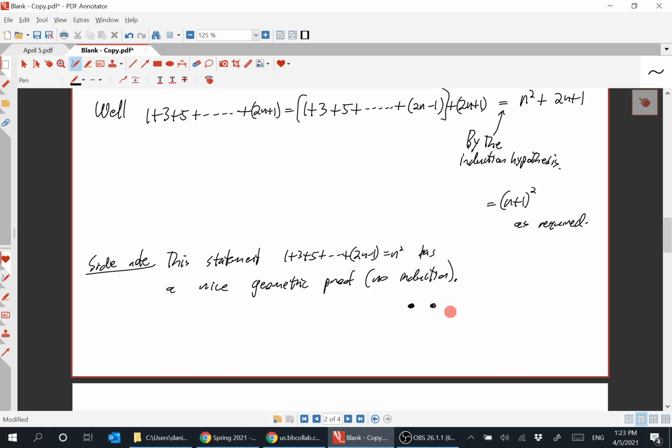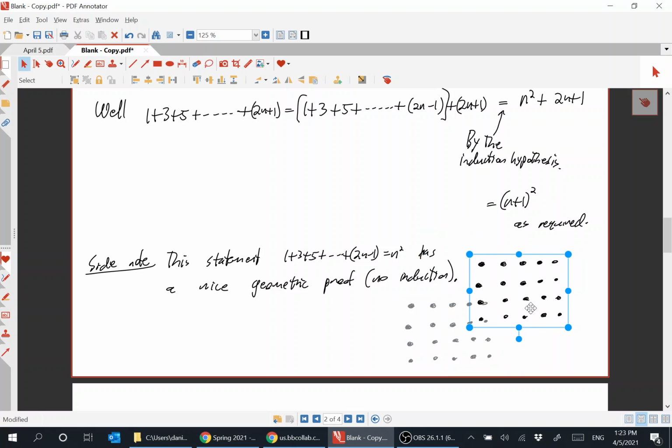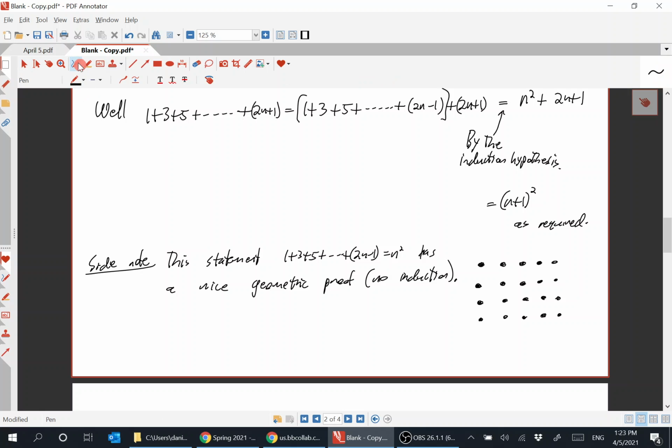If you want to say n squared, like 5 squared, well, that's the number of dots in a 5 by 5 array, right? So this has got 25 dots.